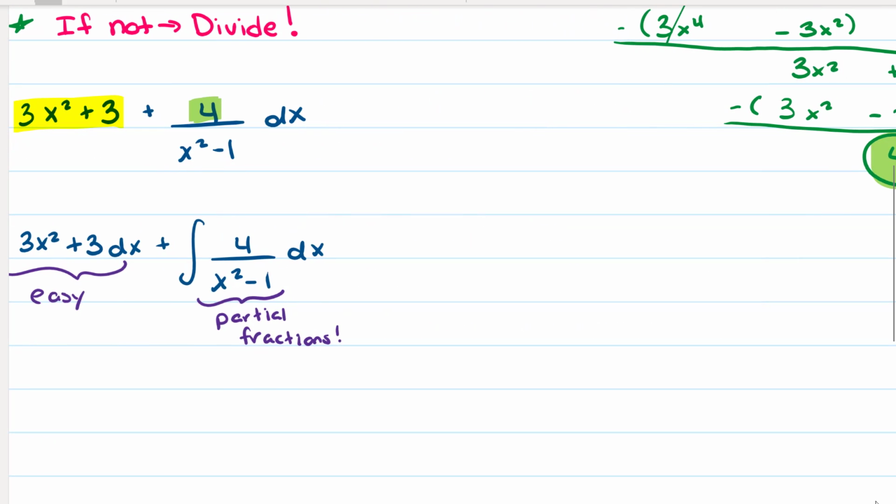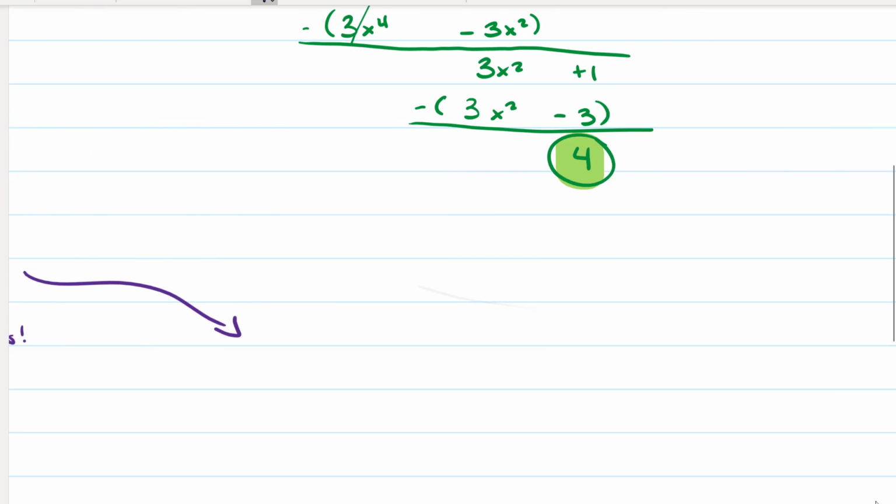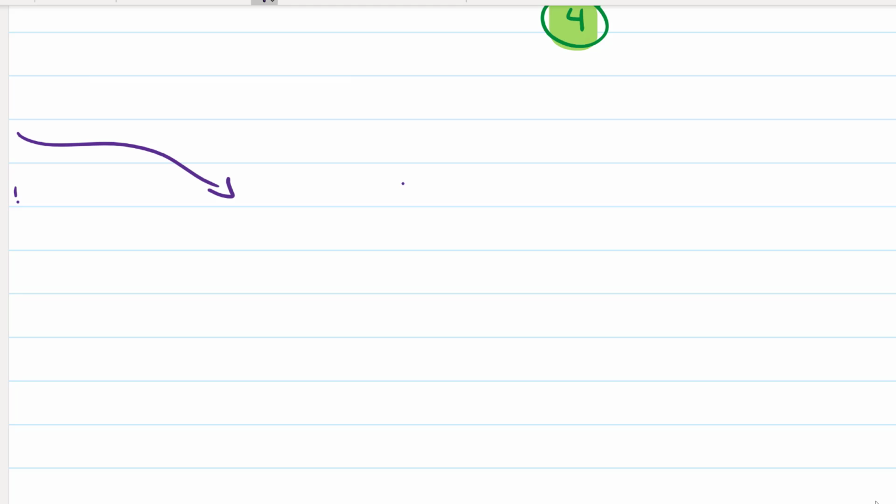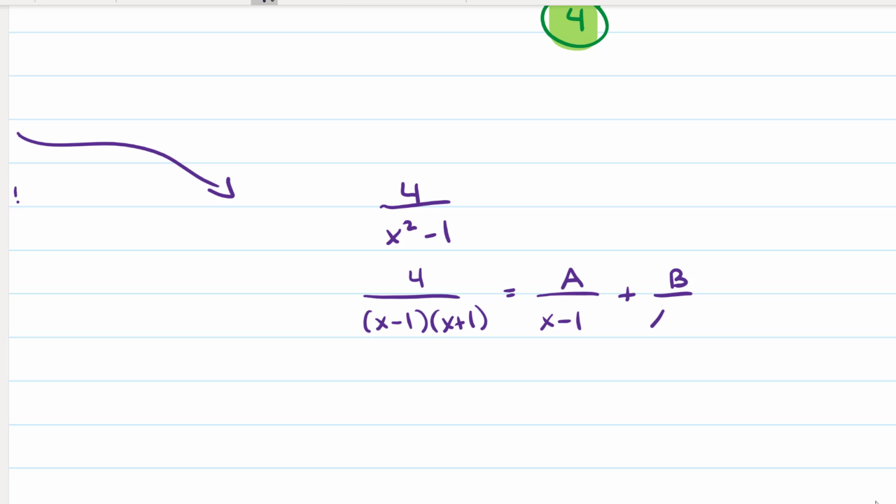I'm going to work out the partial fraction part on the side over here. So this becomes 4 over x squared minus 1. I'm going to factor it. So I get 4 over x minus 1, x plus 1, which is equal to A over x minus 1 plus B over x plus 1, right?